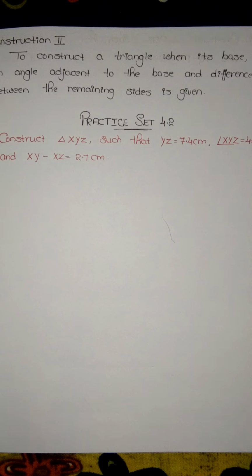The first one, practice set 4.2. First, construct triangle XYZ such that YZ equal to 7.4 centimeter, angle XYZ equal to 45 degree, and XY minus XZ equal to 2.7 centimeter.